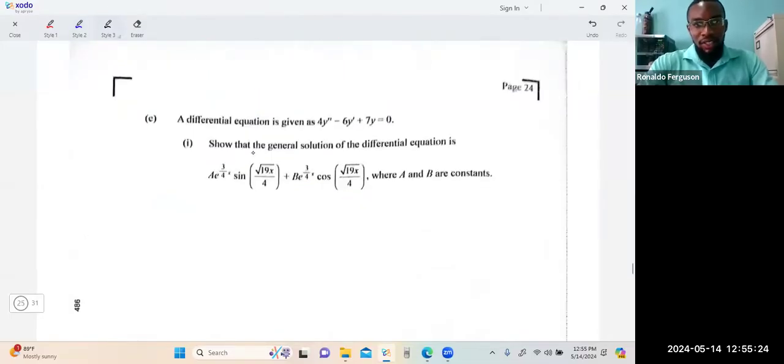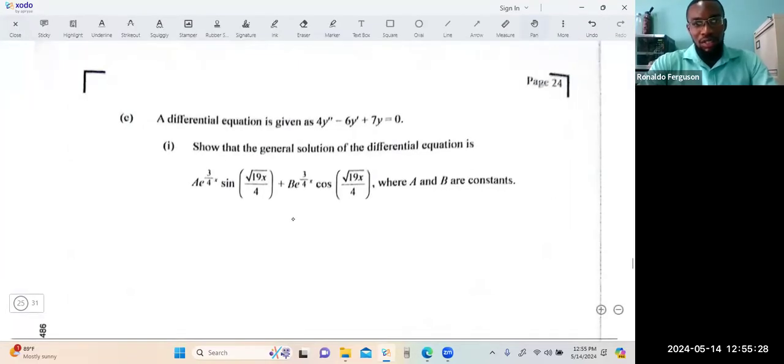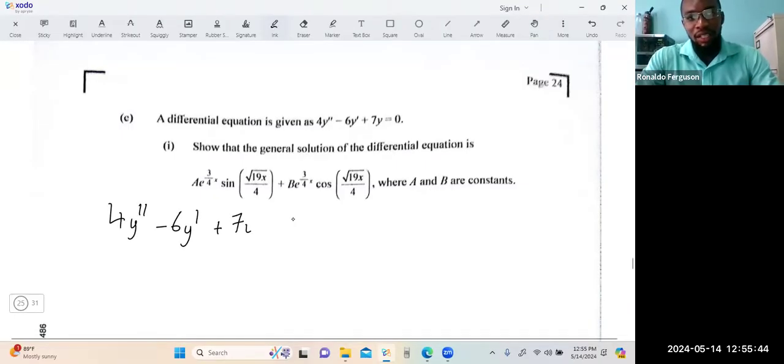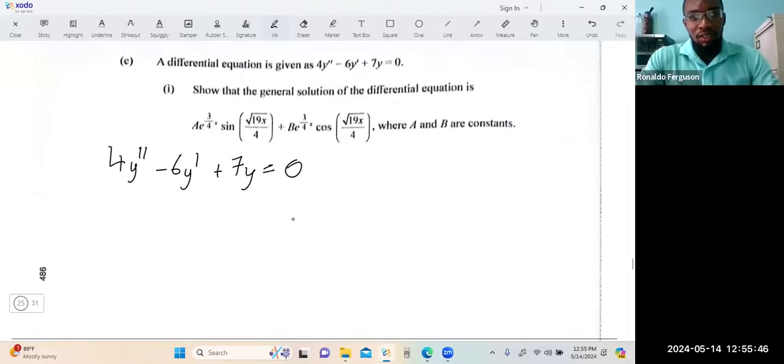All right, a differential equation is given by this right here. Solve this differential equation and show that the general solution is this. First thing though, 4y double prime minus 6y prime plus 7y equals 0. Solve your auxiliary equation, 4m squared minus 6m plus 7 equals 0.